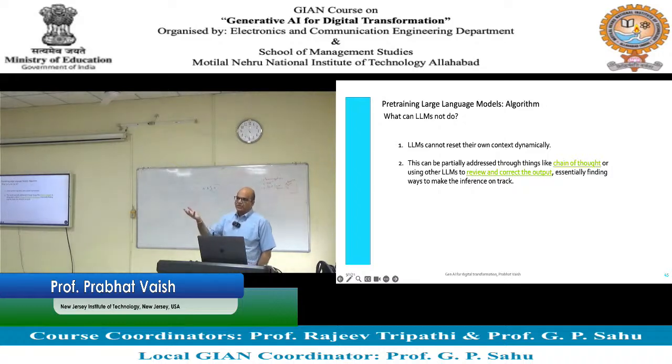Again, prompt engineering becomes important, because you are setting up the context and making sure they do not have this kind of resetting of context. Chain of thought, I mentioned that, and then prompt engineering, whereby you're trying to avoid these kinds of problems.